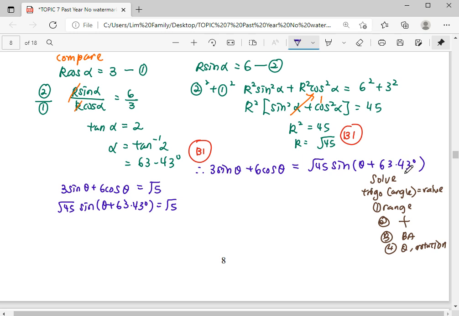So we have to achieve this format, trigo, angle, value. The value sqrt 45, we simplify to the right hand side, and it will give us 1 over 3.